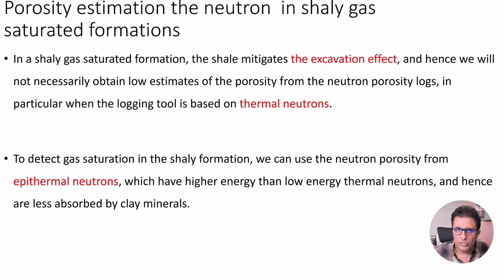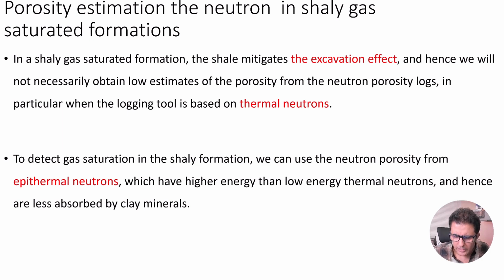Indeed, there is a solution for that, and the solution is to use epithermal neutrons. If you remember, before I said that CNL, or compensated neutron log, is based on counting thermal neutrons. And thermal neutrons are very low energy neutrons that can be easily absorbed by the shale formation.